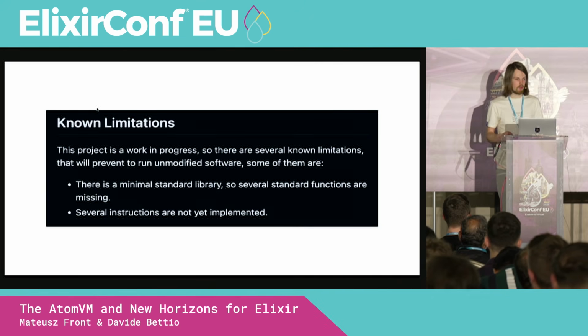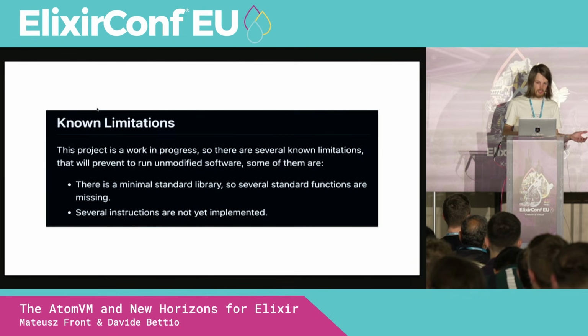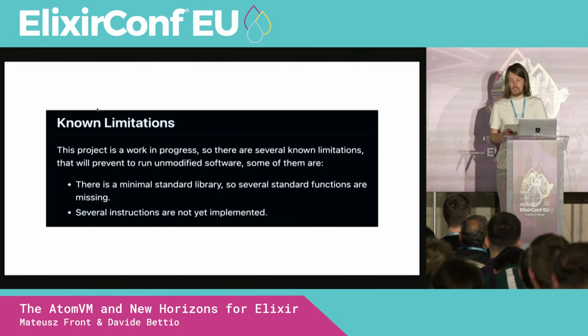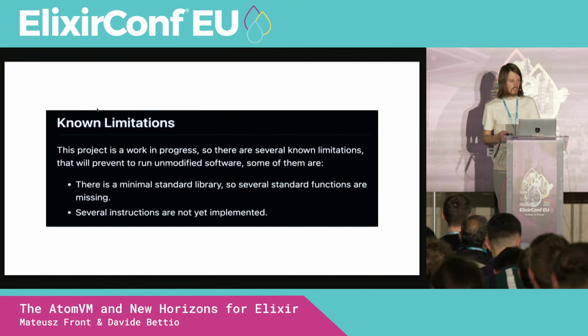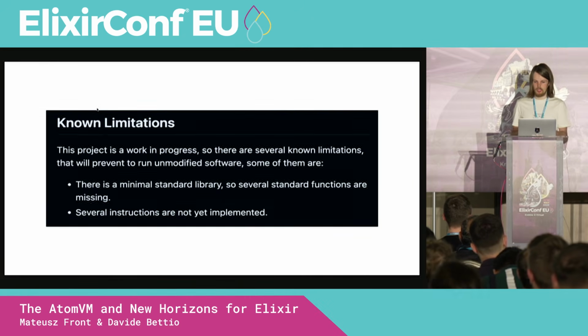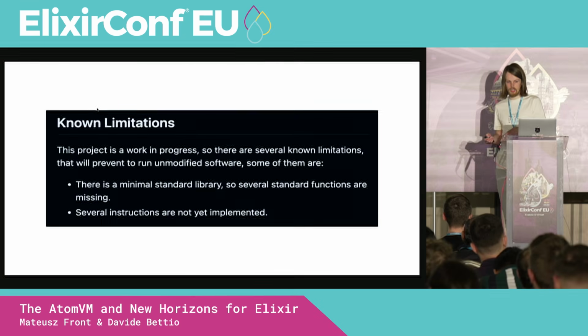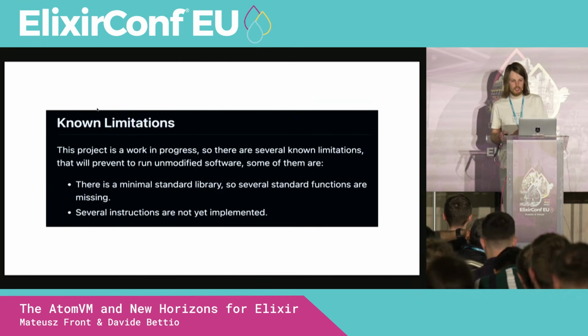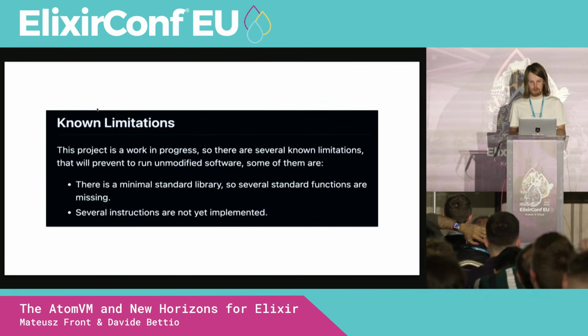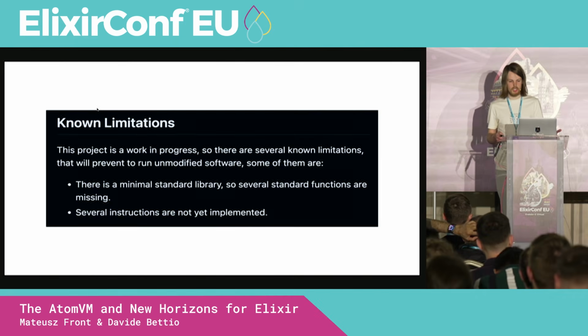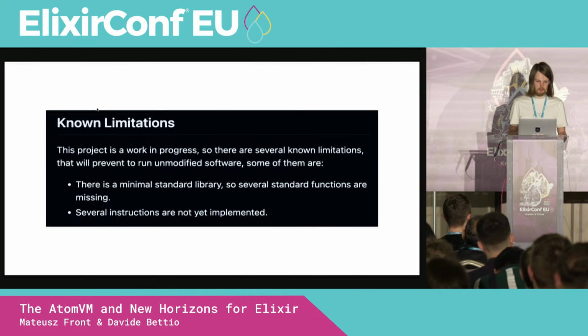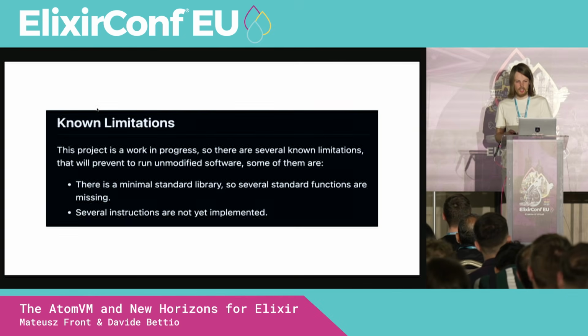Because it misses some features that the BEAM has, and because of that, it cannot run the Erlang and Elixir standard library, basically. It ships with its own minimal implementation of a standard library, but it basically means that you really have to think about these limitations when writing the code that should run on the AtomVM. So you cannot call it running any Elixir code, basically.